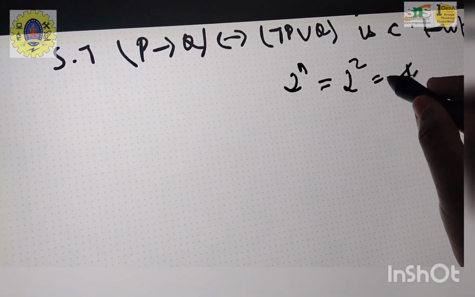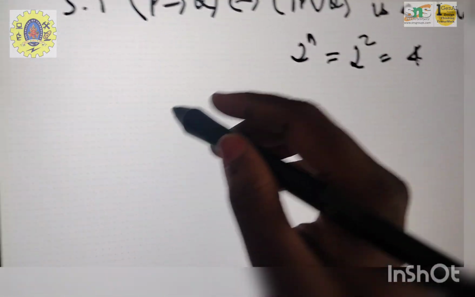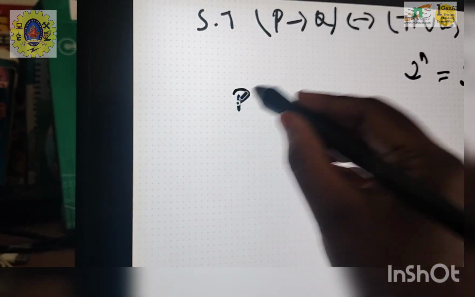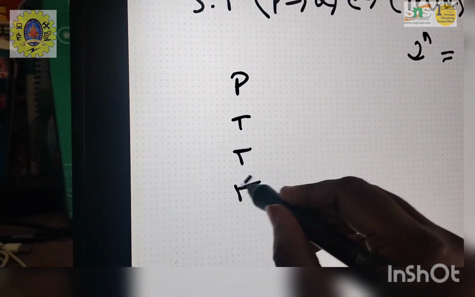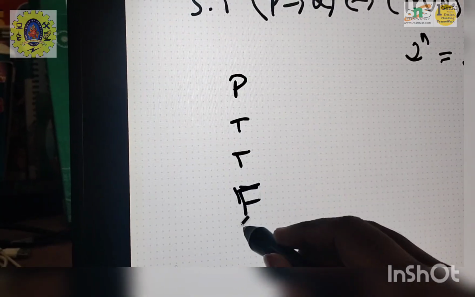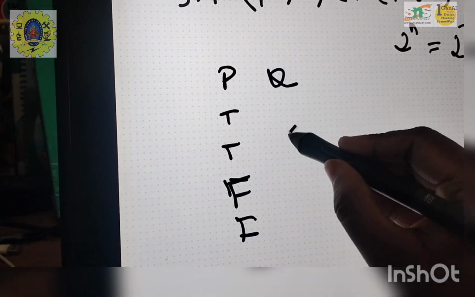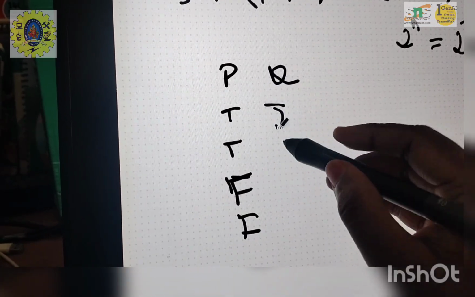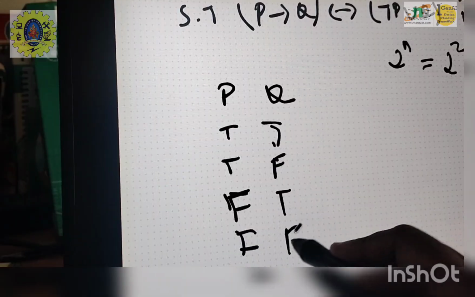So we are going to fill 4 elements for P and then Q. For P we write true, true, false, false. Then for Q we write true, false, true, false.